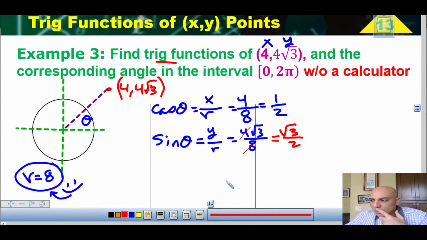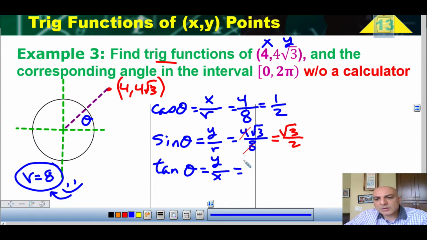Very interesting. I wonder what that could be. Are you thinking with me here? I have a cosine of an angle that is 1/2. I have a sine of an angle that is square root of 3 over 2. I think I've seen something like that before. Tangent is y over x.